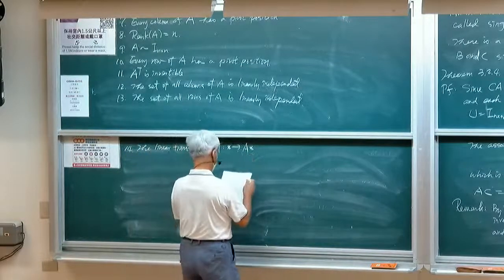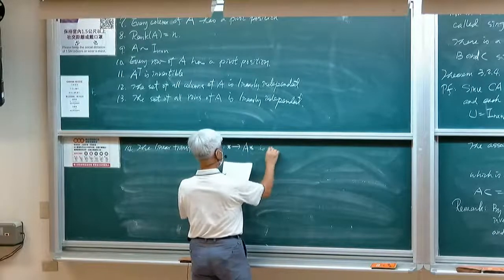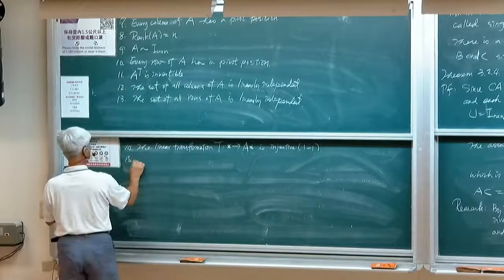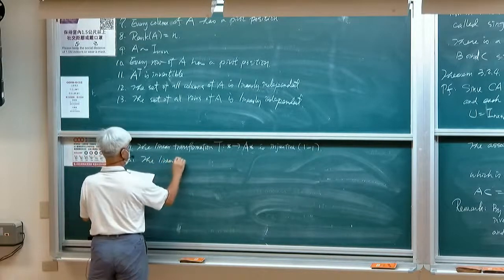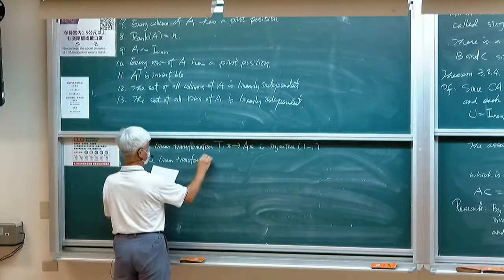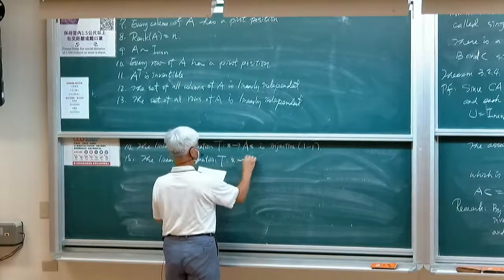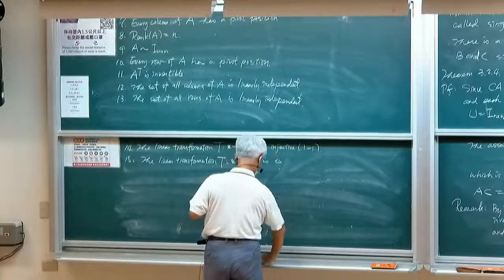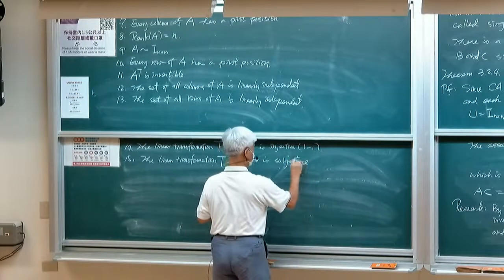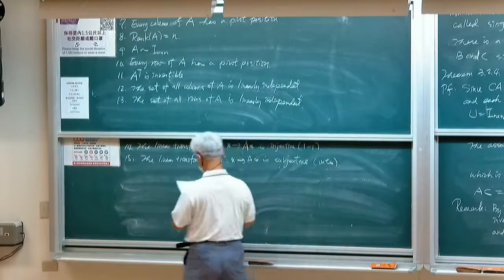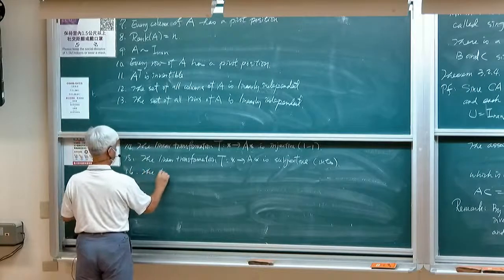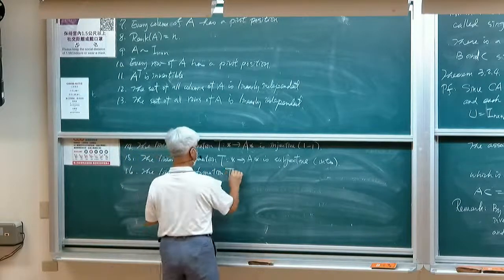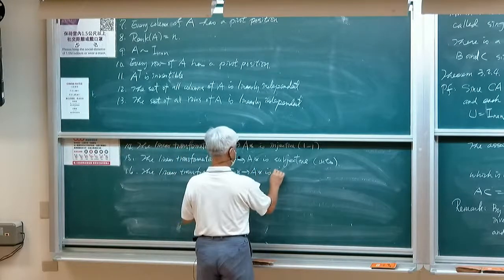And the linear transformation is injective, meaning one-to-one. 15, the linear transformation T from x to Ax is surjective, onto. 16, the linear transformation is bijective.